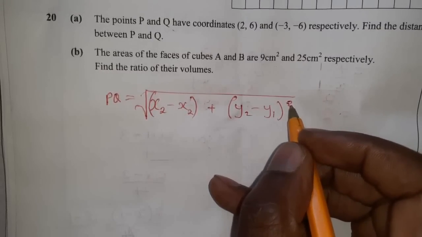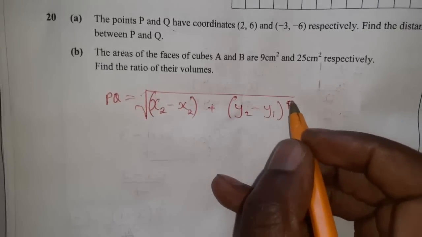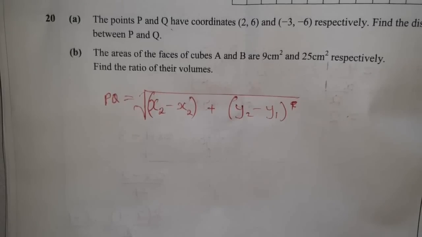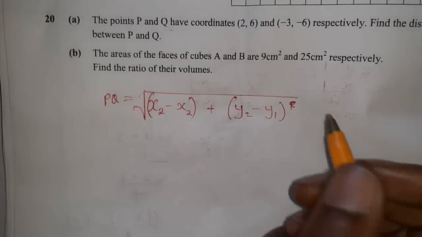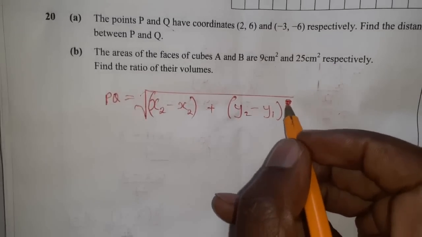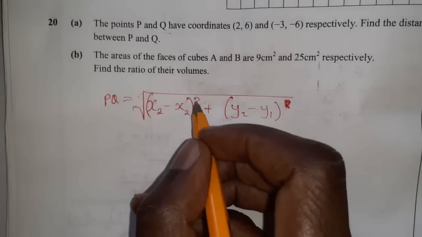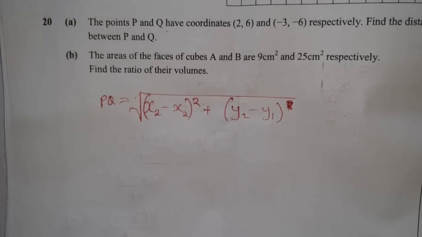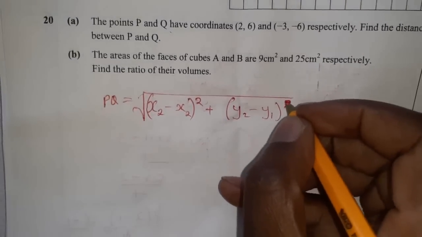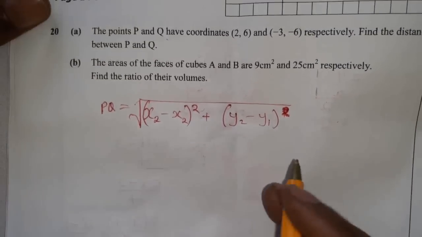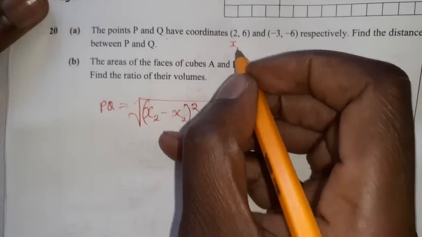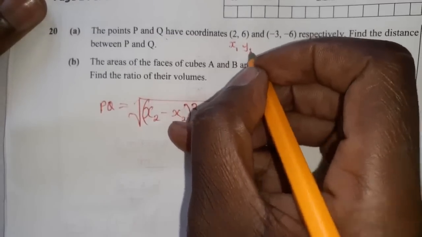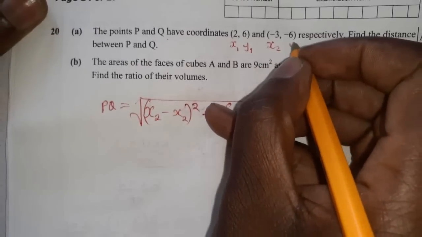Squared. Are we supposed to square this and this? Okay. I think we are supposed to square them. So this is our x1, this is our y1, this is our x2, this is our y2.